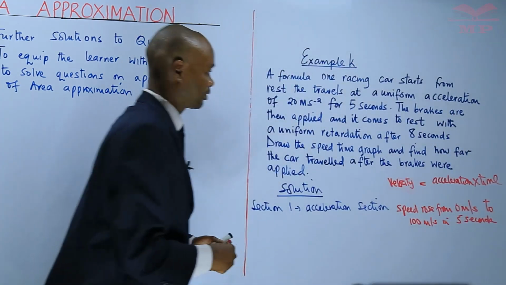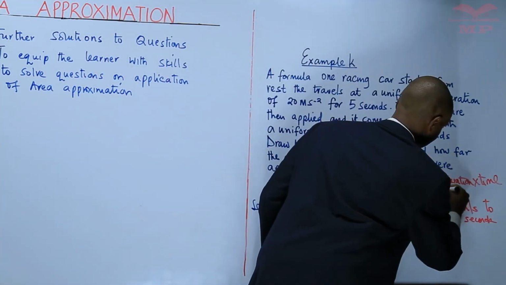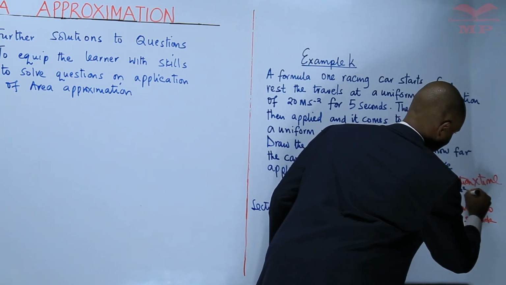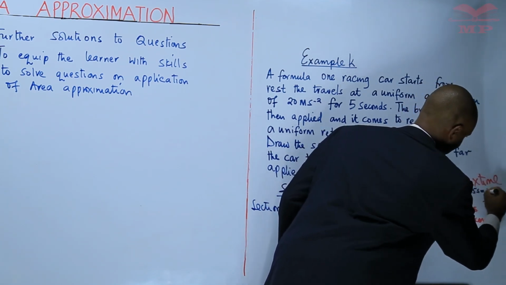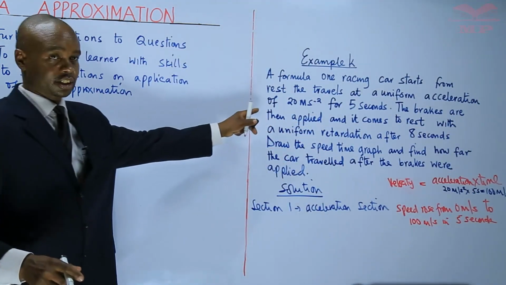Here you work out the acceleration, 20 meters per second squared times 5 seconds. That is where you get your 100 meters per second. That was the first section.